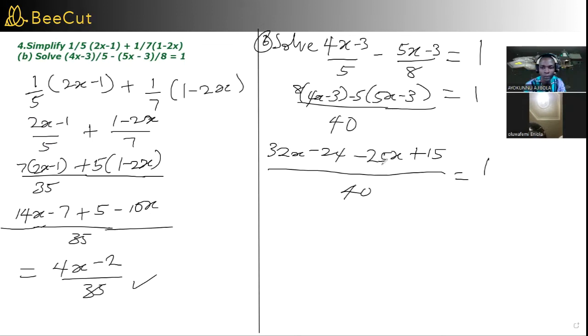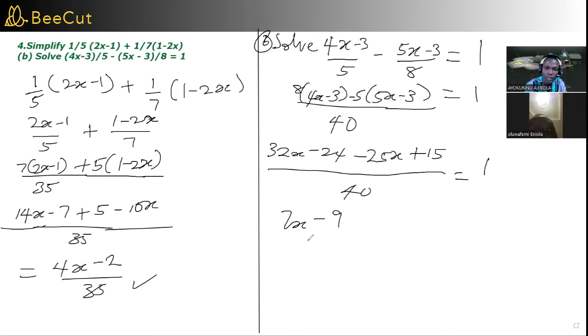Now 32x minus 25x. What is 32 minus 25? That's 7, so 7x. Then minus 24 plus 15 gives us minus 9.